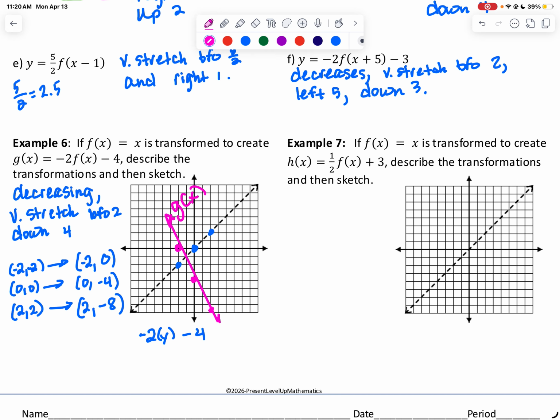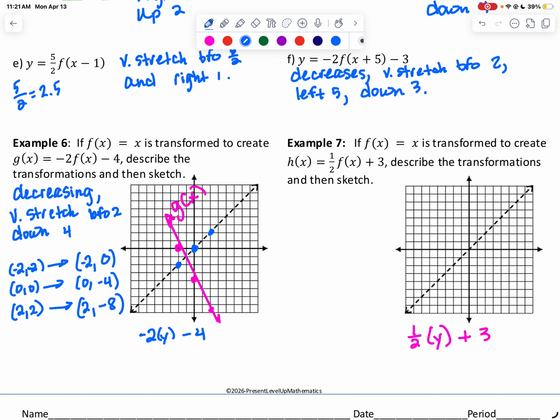Okay. So in example 7, we have if f of x equals x is transformed to create h of x equals 1/2 times f of x plus 3, describe the transformations and then sketch. So now I'm multiplying 1/2 times each y value and then adding 3.